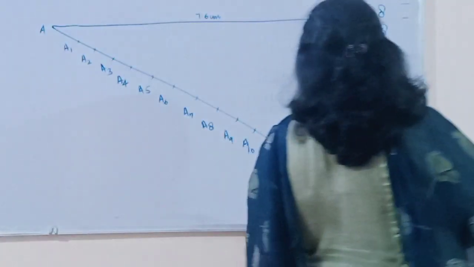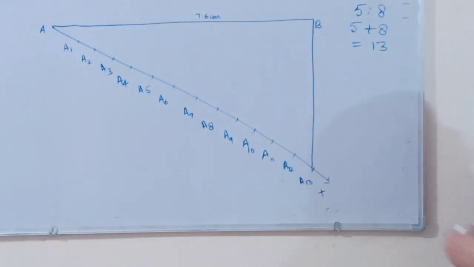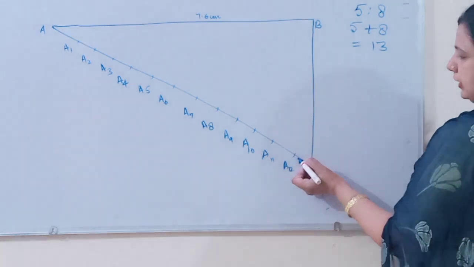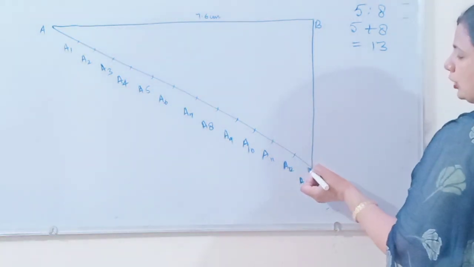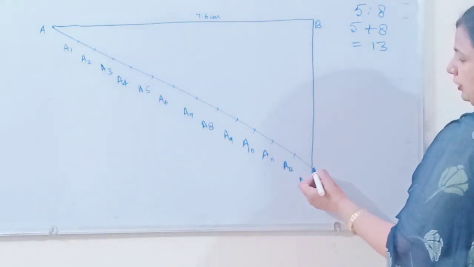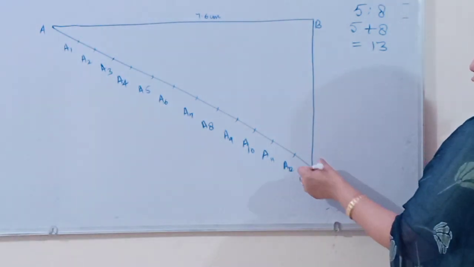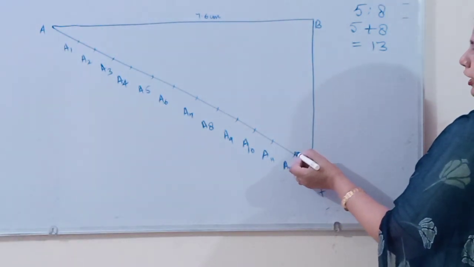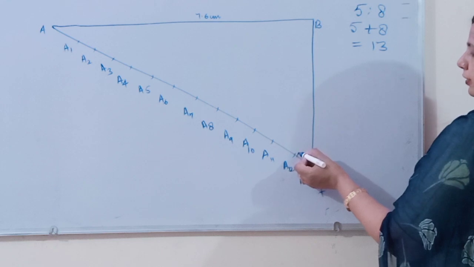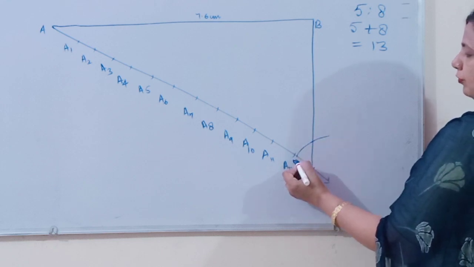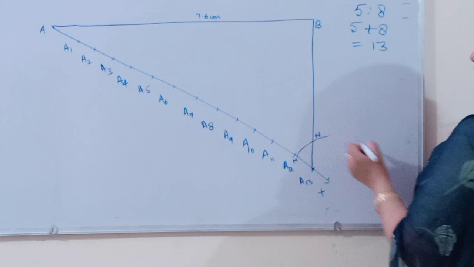Now for drawing a line parallel to this, we'll make corresponding angles equal. So here, keeping the needle of the compass at this point A13, with some distance, draw an arc MN.